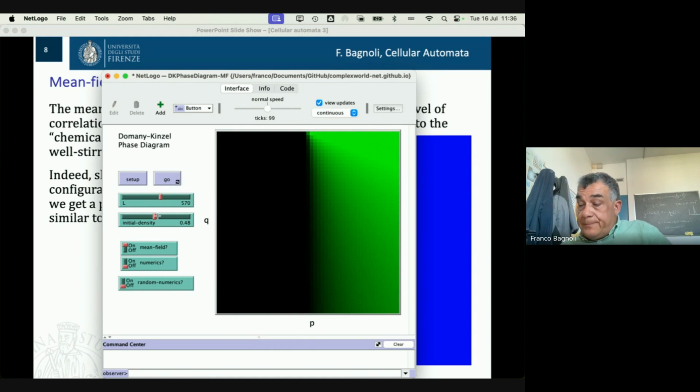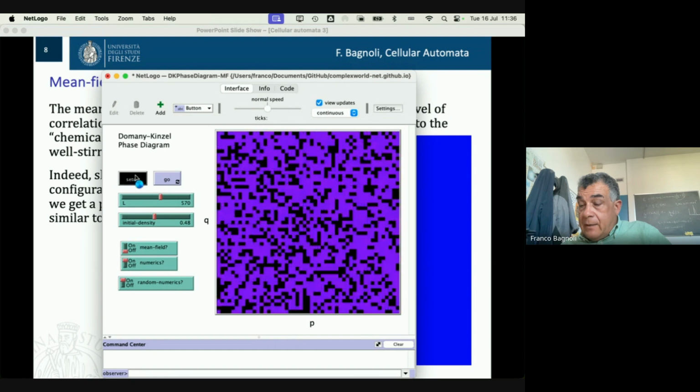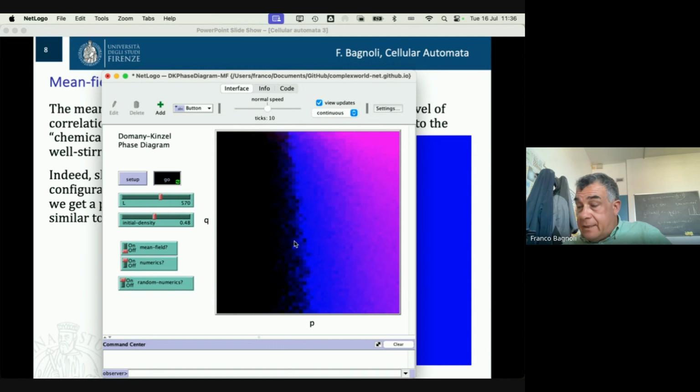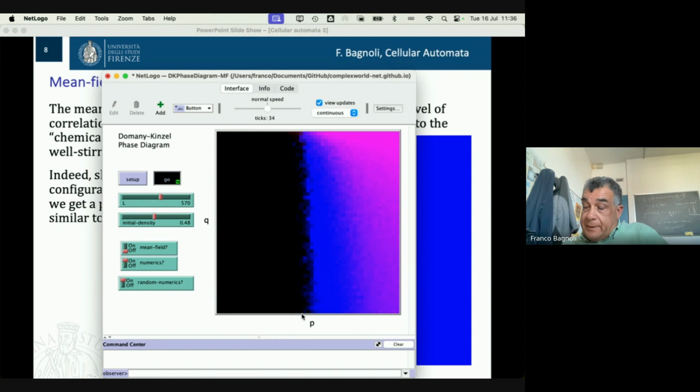If now I use the numerical simulation, but with random shuffling, so every time I reshuffle the system in each simulation, I get again the phase transition for P equal 1/2, like in the mean field.